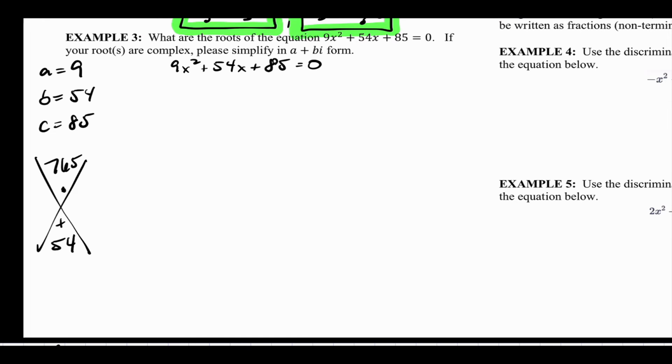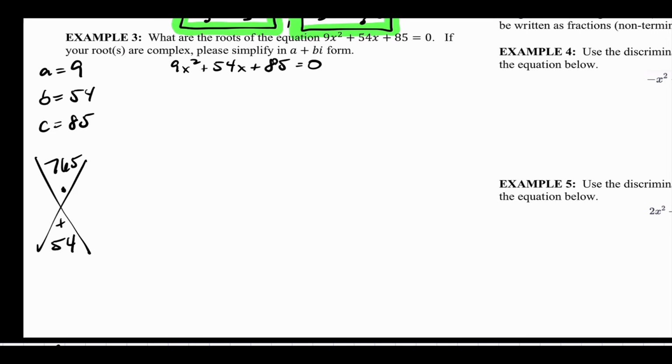You don't need for this not to work in order to go on to the quadratic formula. If it doesn't work, you have to go on to the quadratic formula. But you can always just go right to the quadratic formula. If it's just big, ugly numbers and you're just like, I don't want to try this, go right to the quadratic. It's not wrong. Quadratic always works. It always, always, always works.